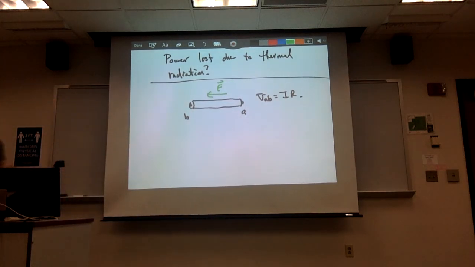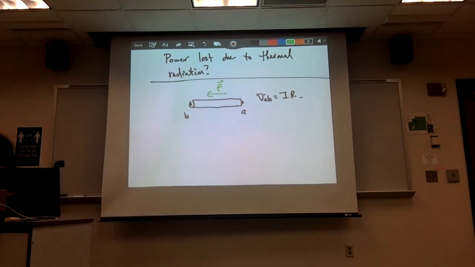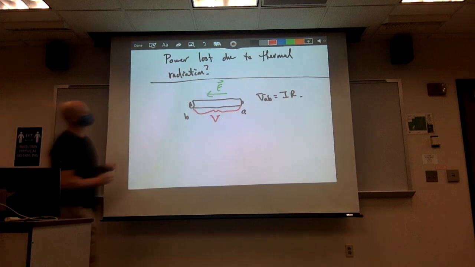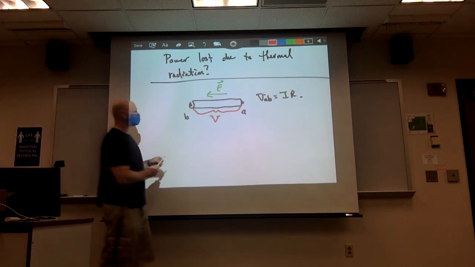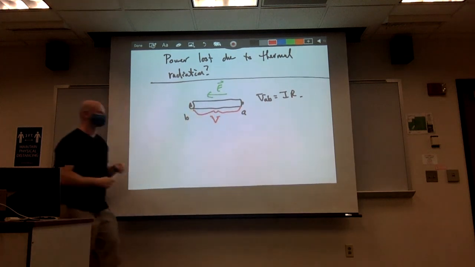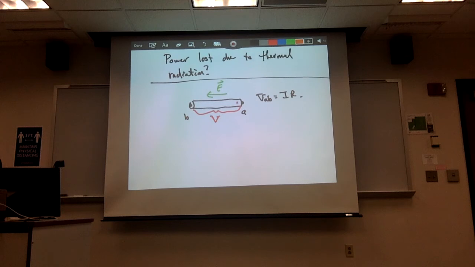Now, what's happening though is that the battery is supplying power to this thing, which means that there's a potential difference across it. Let's say this is my potential difference V. Now, I'm going to move a charged particle from A to B in this direction. Let's say here's my charged particle, sitting here. I'm going to call that charged particle a tiny amount of charge, dq.